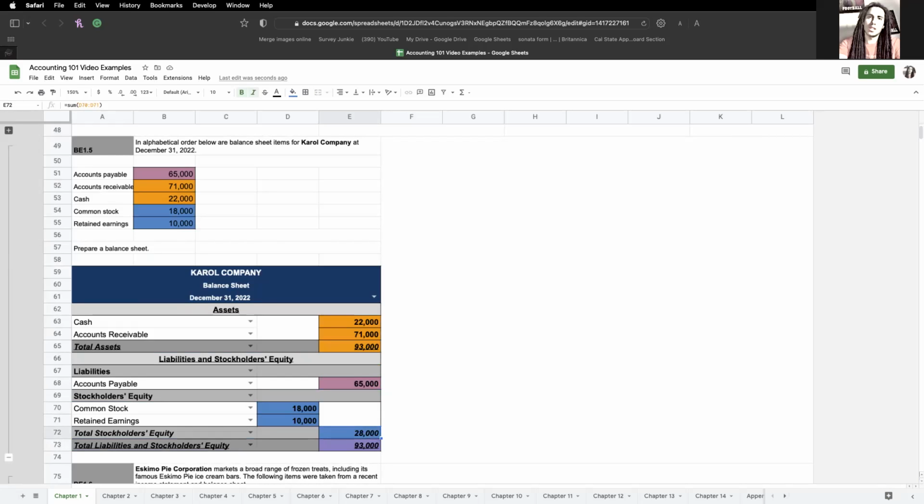The total stockholders' equity, that is the net worth of the company. Because think about it. The common stock, that's what was given to the company. And then the retained earnings, that is their net profit that they kept over time without paying some of that back to the investors through dividends. So whatever's left over in profit that they kept, that's part of their net worth, not to mention common stock.